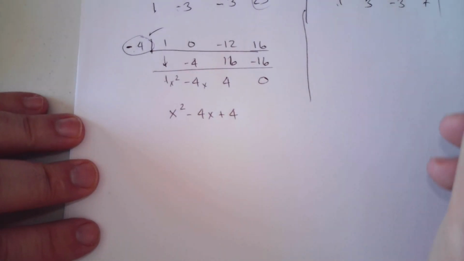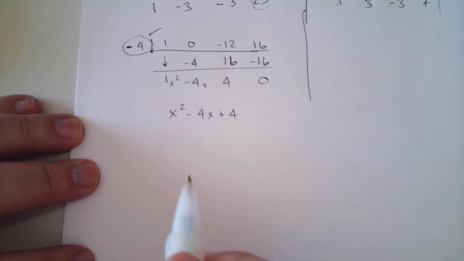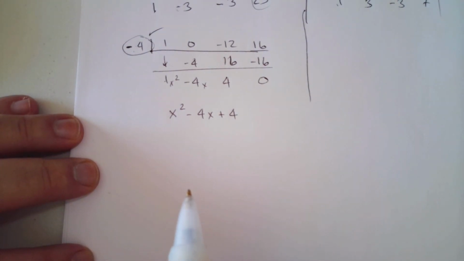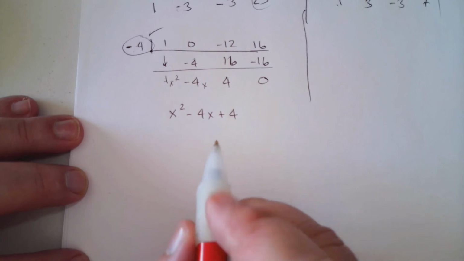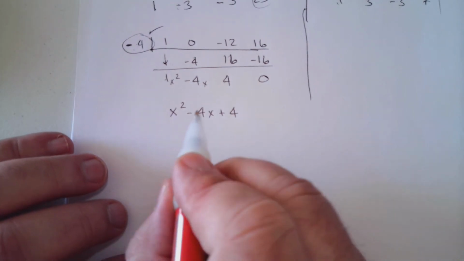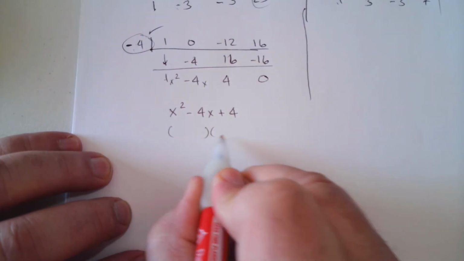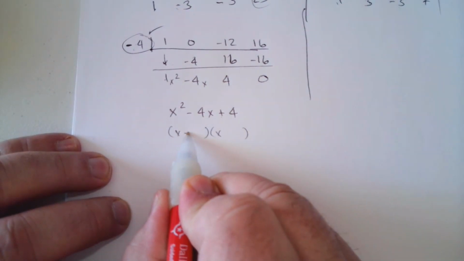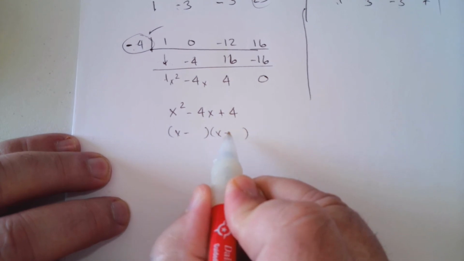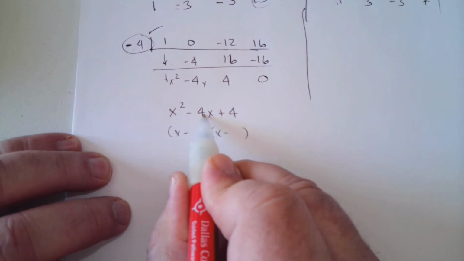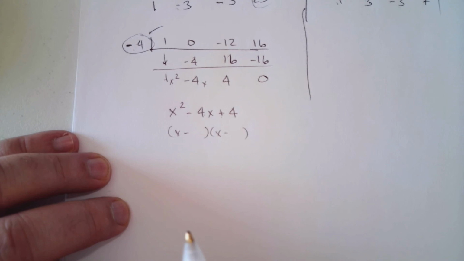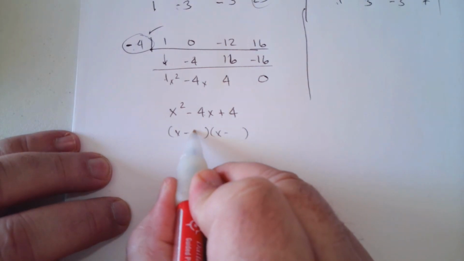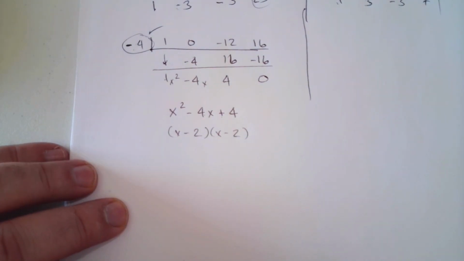Now we don't have to go anymore with that process. We can just factor this one out if possible. So will it factor? They're both the same. They're both minus. What times what is 4? When you add them, you get 4. 2 and 2. 2 times 2 is 4. 2 plus 2.